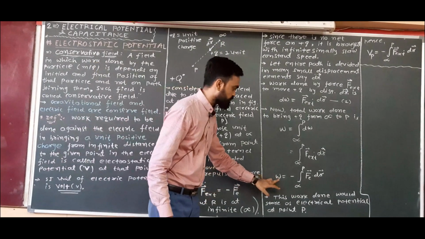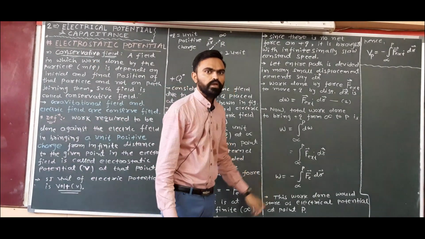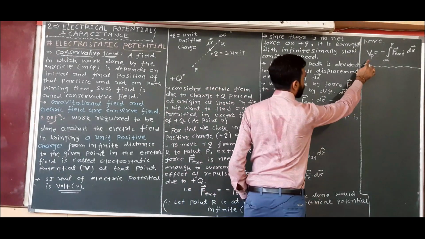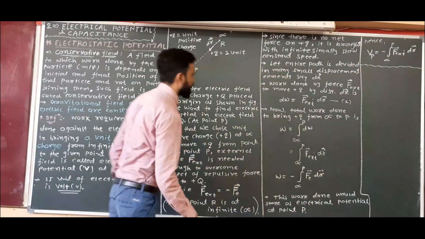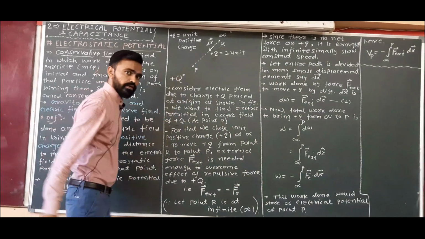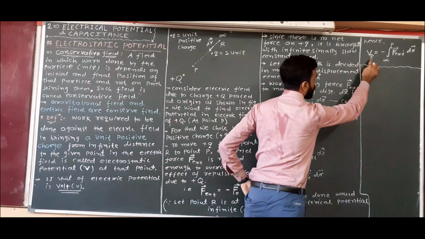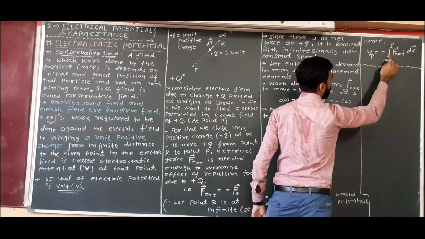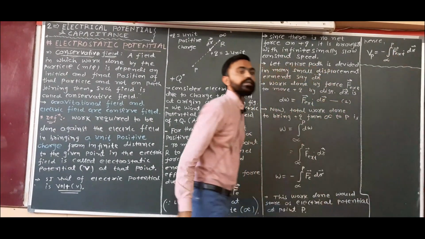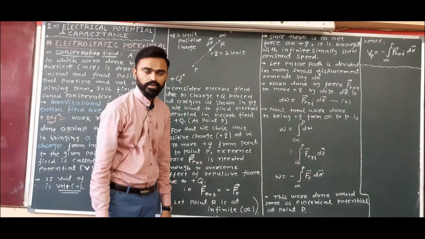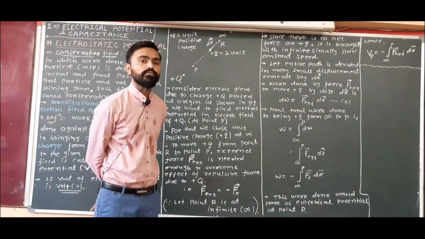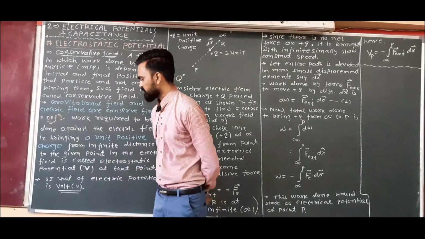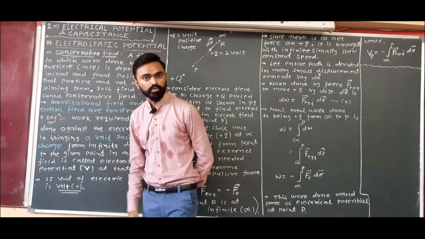So we can write this work done as a potential, and potential is indicated as V. How do we indicate it? Potential at the point P is Vp, equal to similar to this relation, minus the integration from infinity to P of F into dr. Got it? Right? And finally, the unit of potential is volt. We indicate it as V. You get my point? Right?